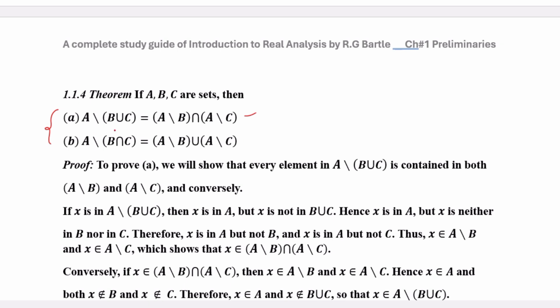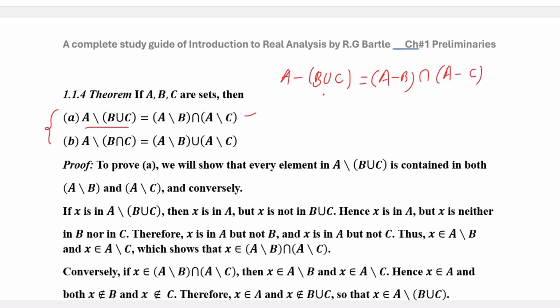In the first part, we need to show that the complement of B union C relative to A, or simply A minus (B union C), is equal to (A minus B) intersection (A minus C). So how will we prove this?